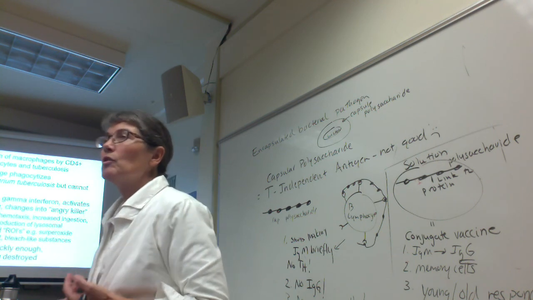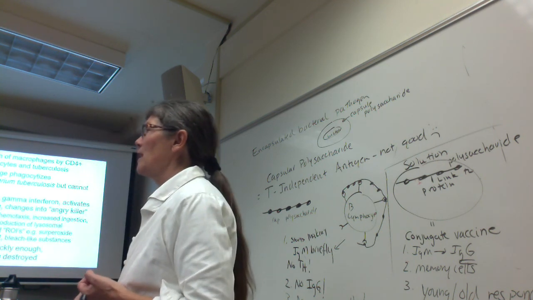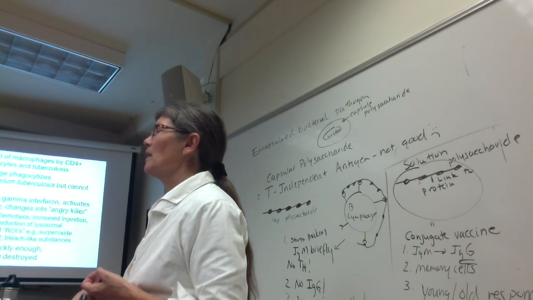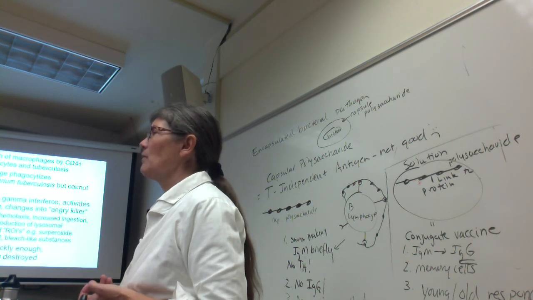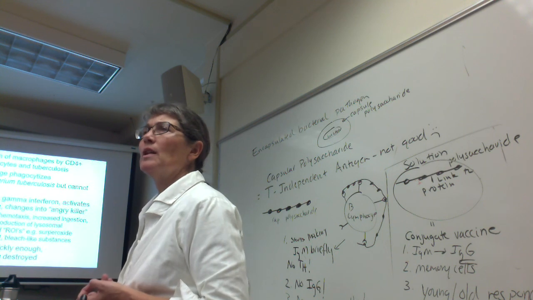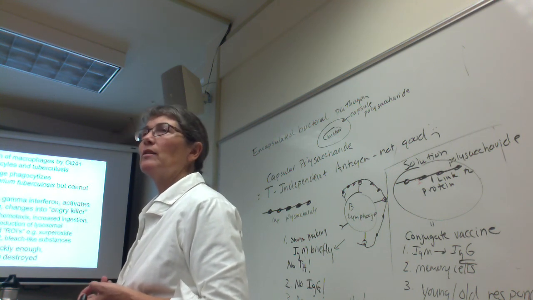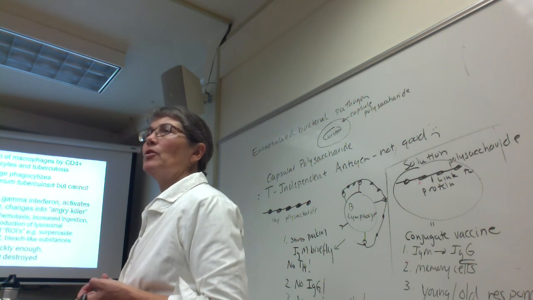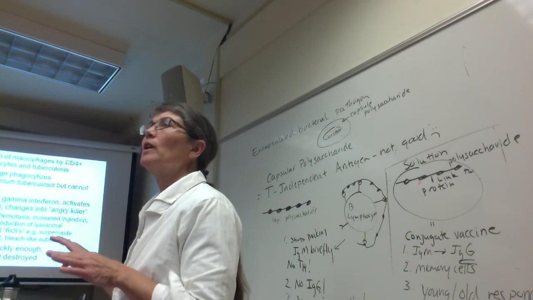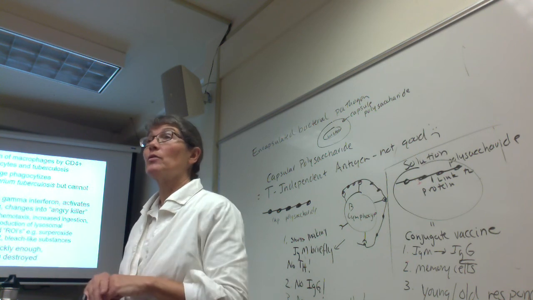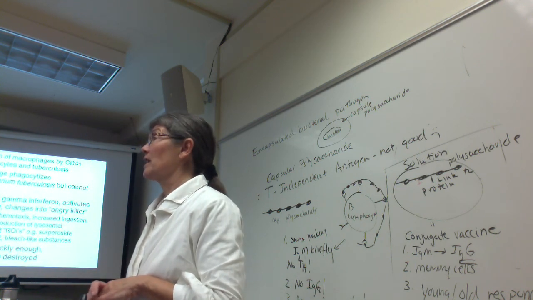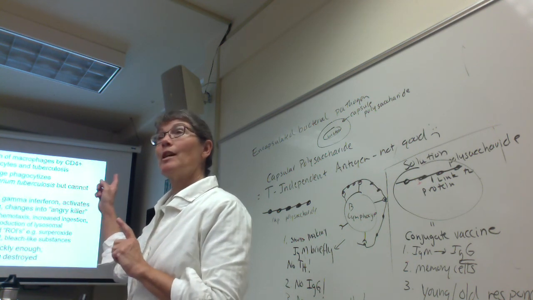They're going to increase production of the hydrolytic digestive enzymes of the lysosome, and they're going to increase production of toxic reactive oxygen intermediates like the superoxide radicals, the free radicals, hydrogen peroxide. So if we can activate the macrophages quickly enough, they can kill those facultative intracellular parasites. But again, did we need T helpers?